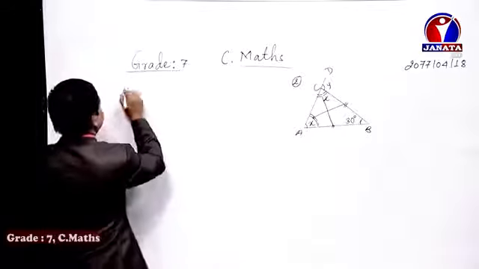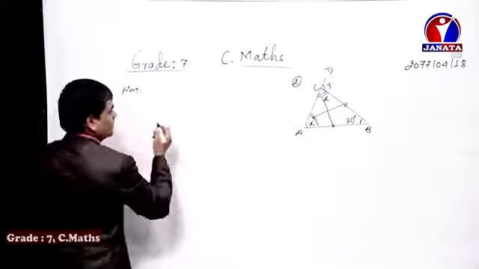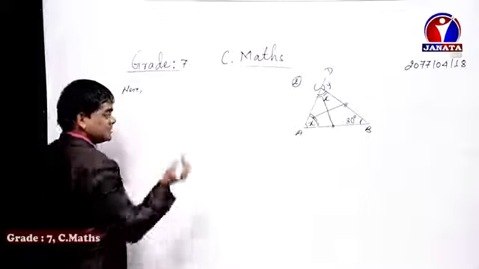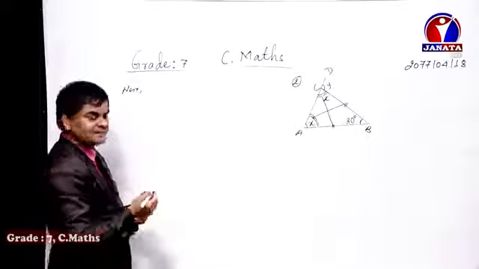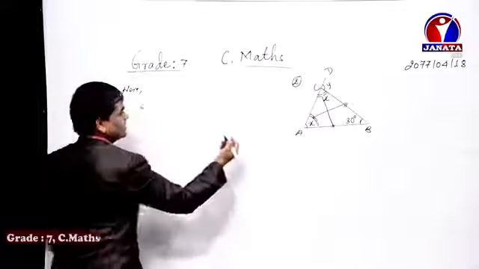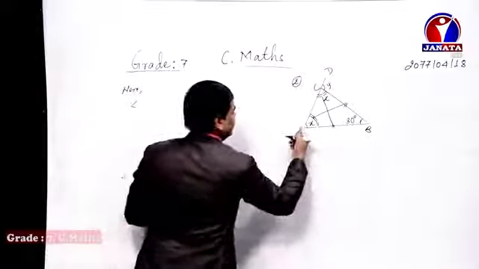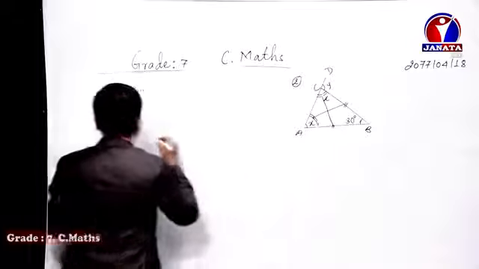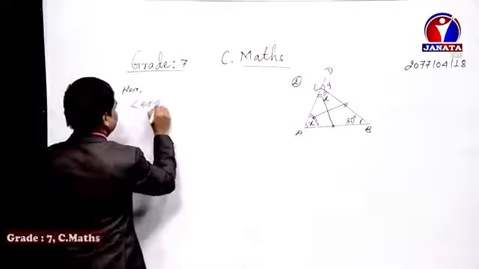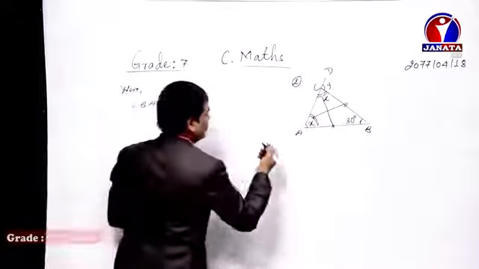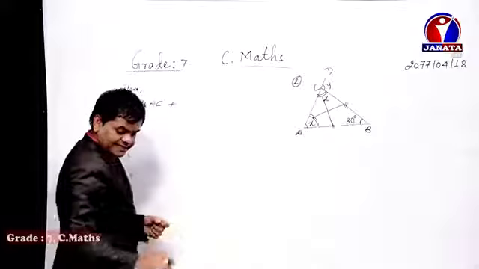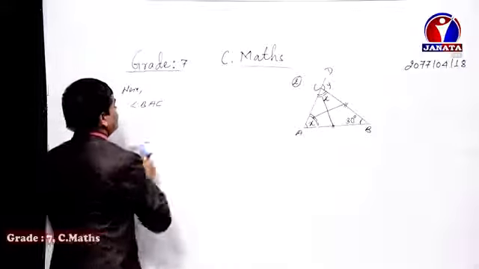So let's start. In triple letter form, what is the name of this angle? BAC. First of all, let's clarify which two base angles are equal to each other.